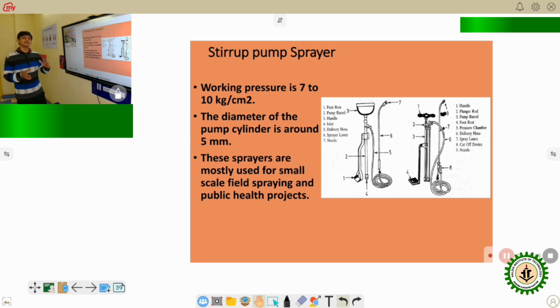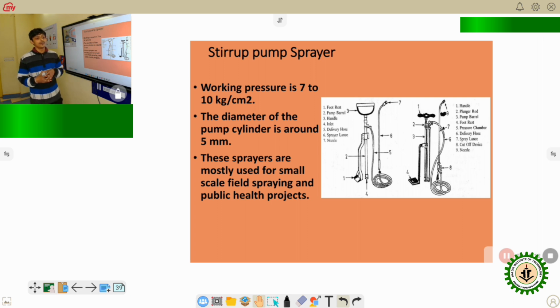So all these parts are the major components of this sprayer. The diameter of the pump cylinder is around 5 mm, and this sprayer is mostly used for small applications and also for public health.